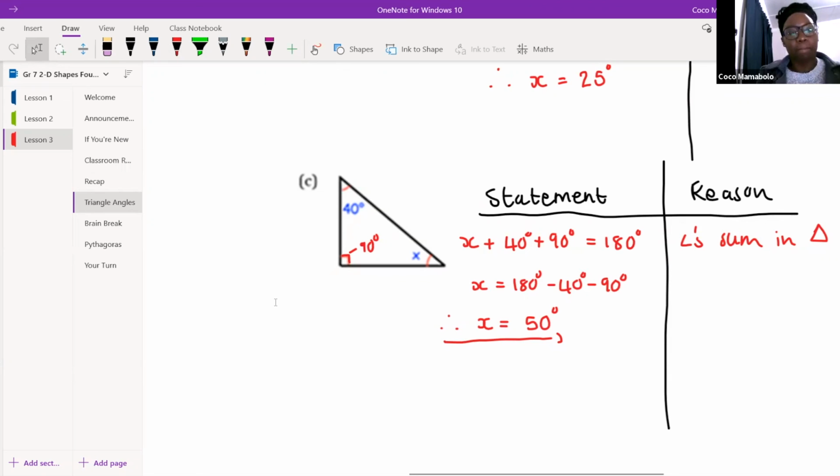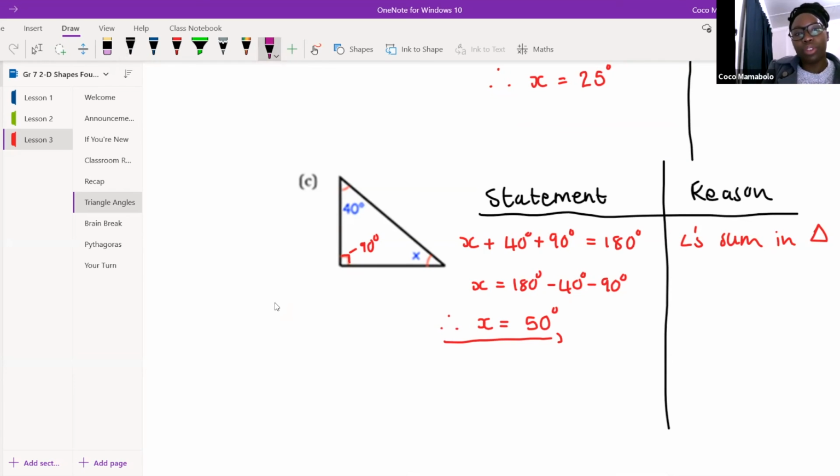Hi, Landile. What's your question? My question is that in an exam or a test, if we do this method, do we get method marks for doing the method? Yes. This is why I'm showing you guys how to do this method. This whole thing over here is probably worth 3 marks.